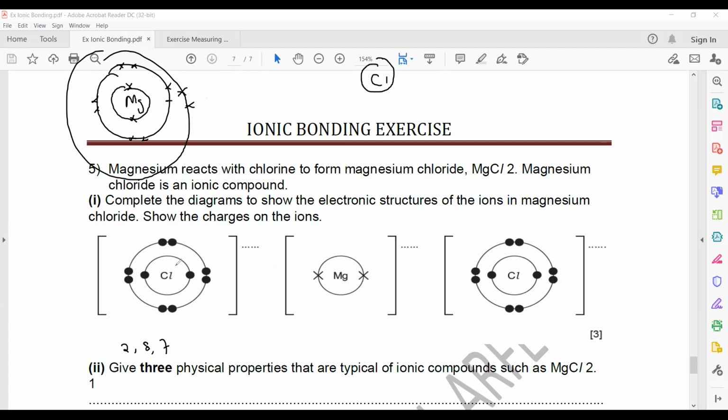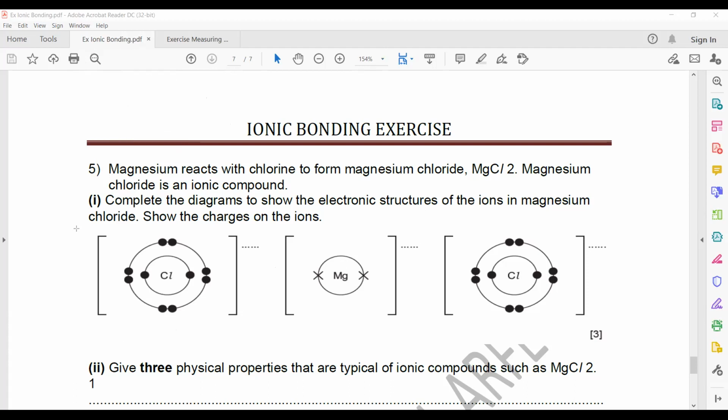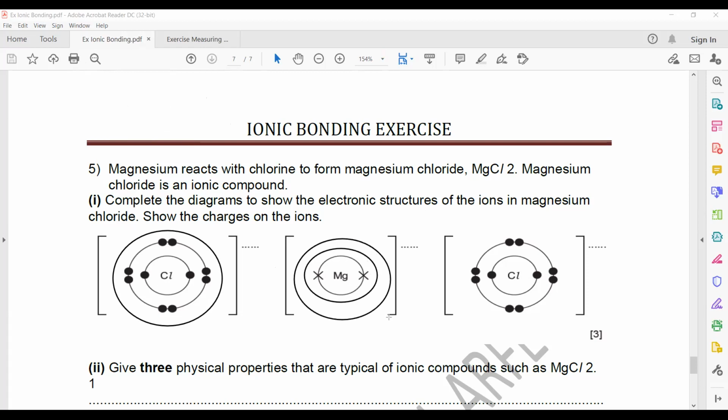They did not give you the third shell, so you have to draw the third shell here. Chlorine should have a third shell because it is 2, 8 and 7. And magnesium should also have 3 shells because it is 2, 8 and 2.